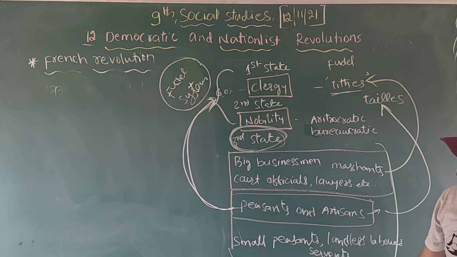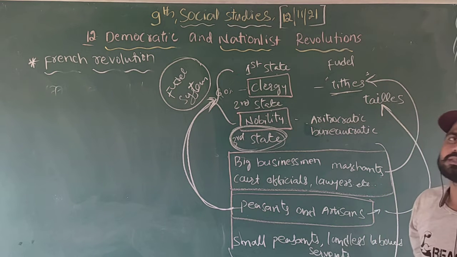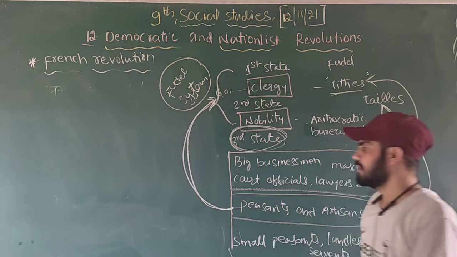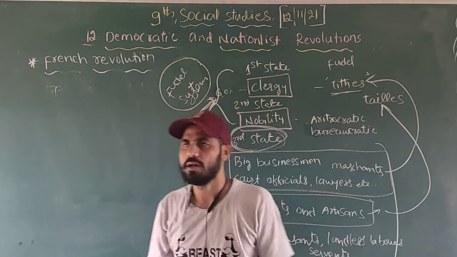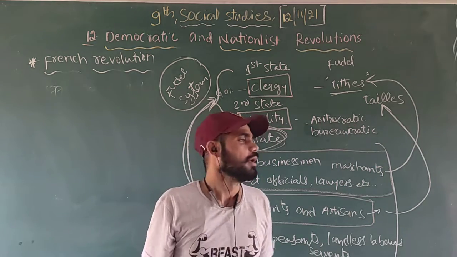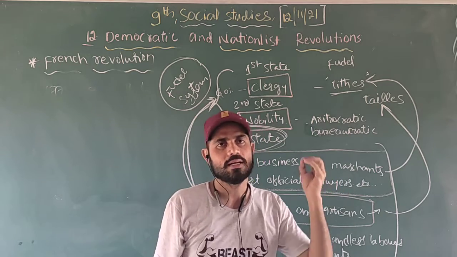Then, with all these consequences and problems, the third state people started a revolution against the first state and the second state.